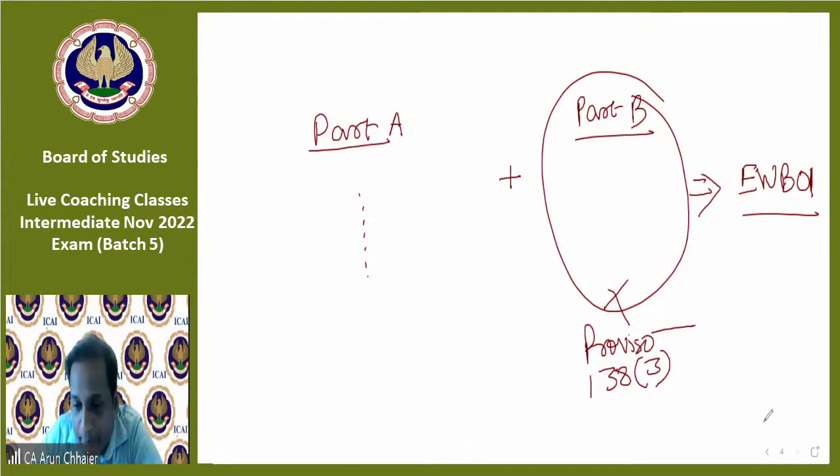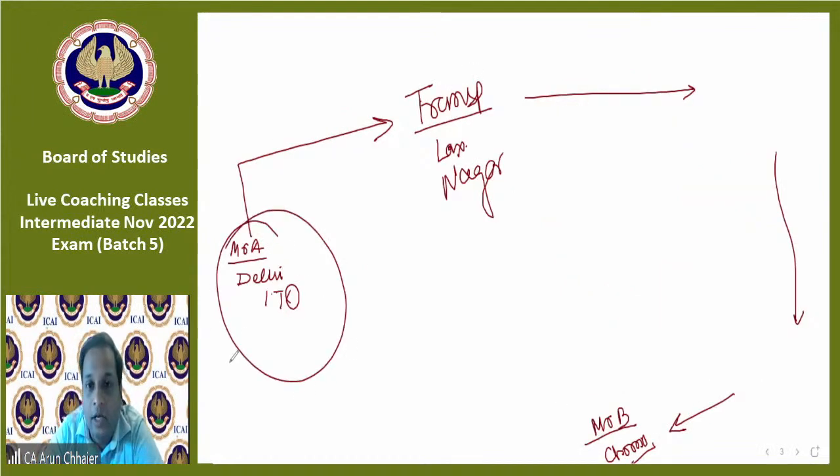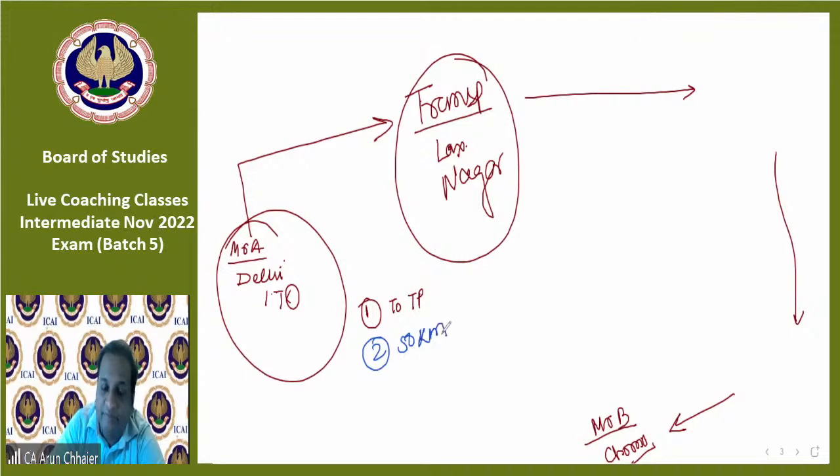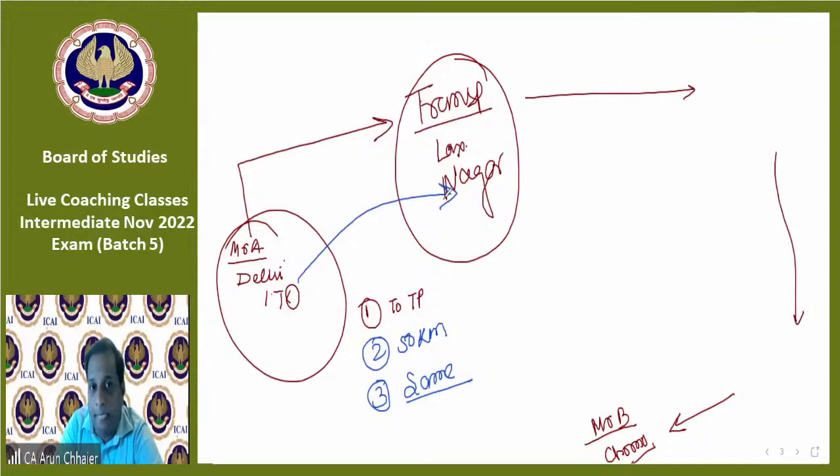Suppose Mr. A is sending the goods from his business place to the transporter's business place. When the goods are going to the transporter's business place, if the distance is within 50 kilometers, and if the state is the same, then A can move the goods without adding the part B detail.